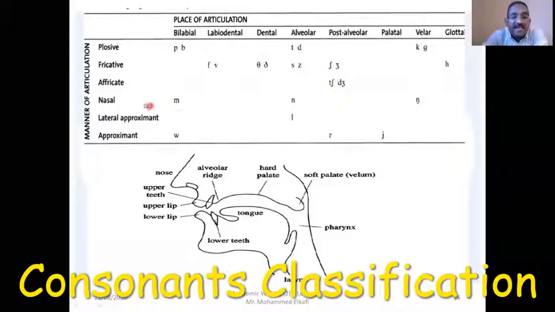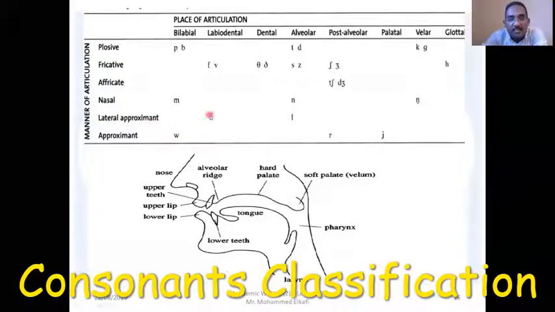Okay. The nasal, as a manner of articulation, we have ma, na, and ng. We have three consonants here described as nasal consonants.